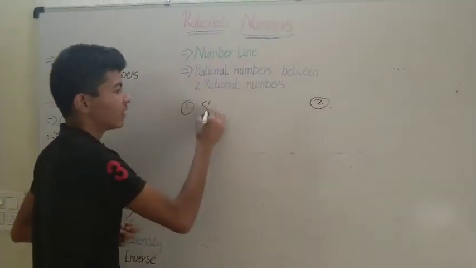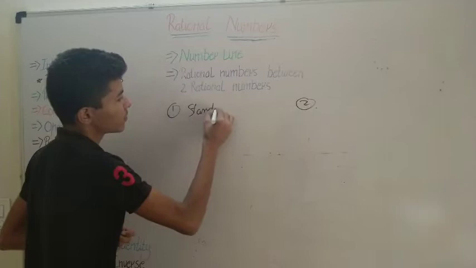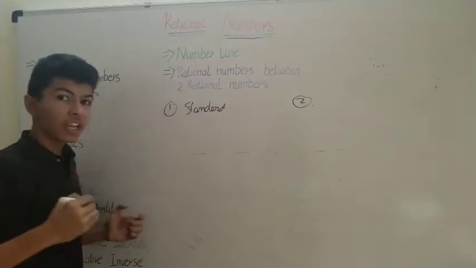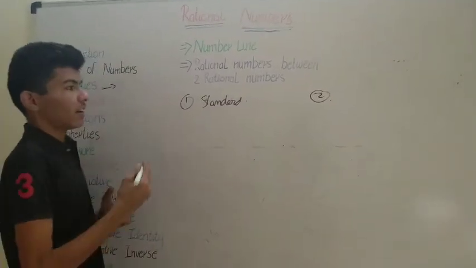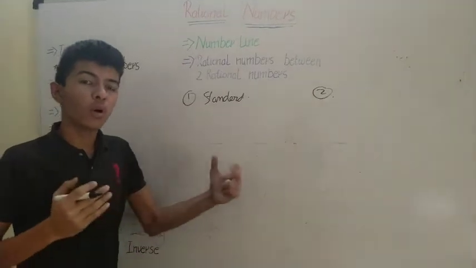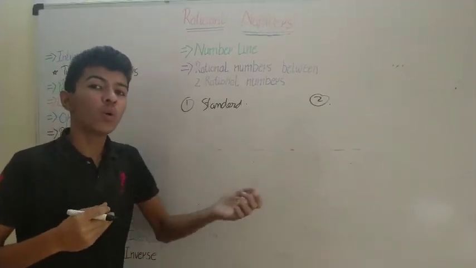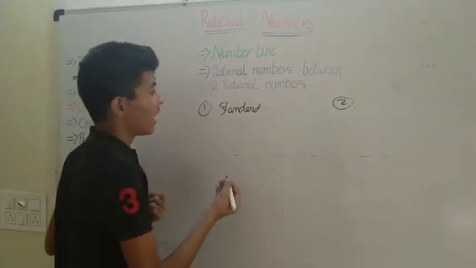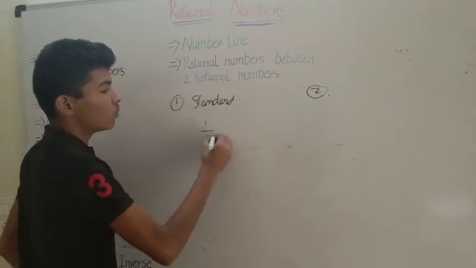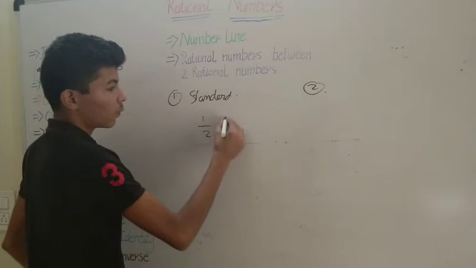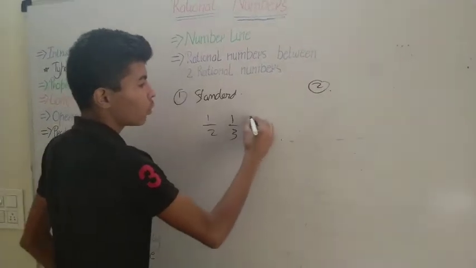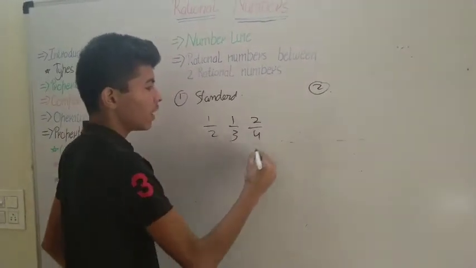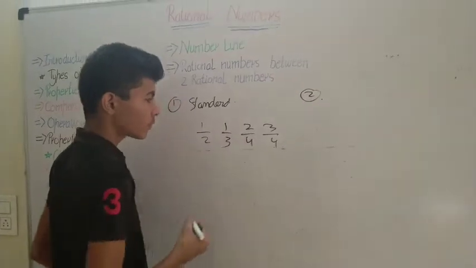First let's start with the standard approach, which is useful when more than two rational numbers are given. Let's say 1 by 2, 1 by 3, 2 by 4 and 3 by 4.